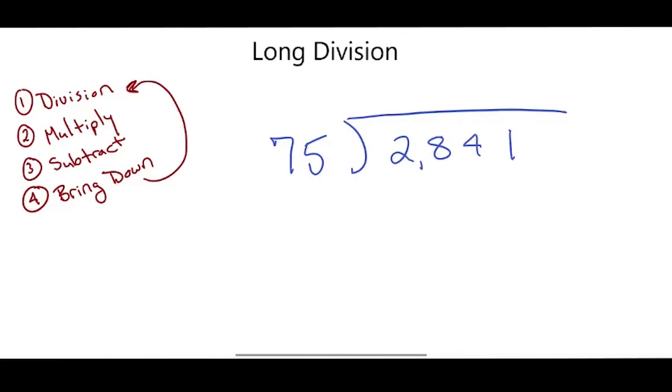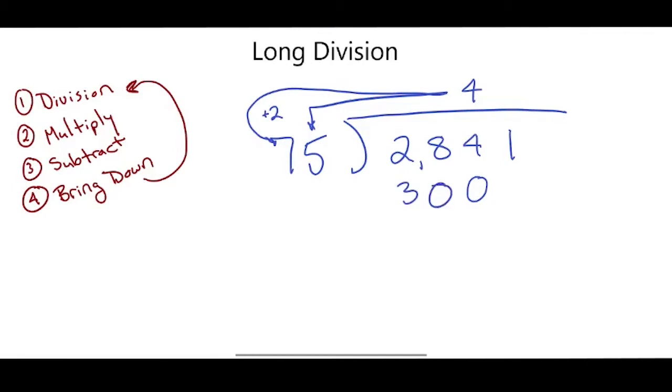I'm going to guess 4. So if I do 4 times 5, well, that's 20. So I'll put a 0 there and a 2 there. And then I'll do 4 times 7, which is 28, plus 2, which is 30. And that's 300.